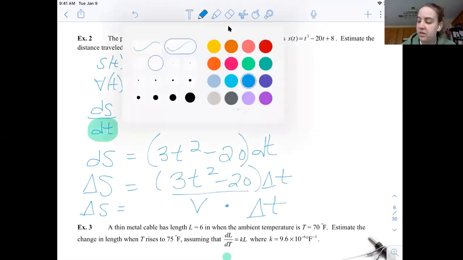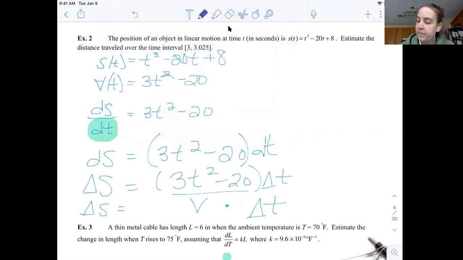I'm going to switch colors. So delta s is equal to 3t squared minus 20 times delta t. The time that we're talking about is that initial time. It's the 3 seconds.